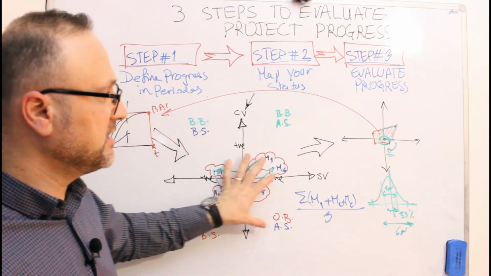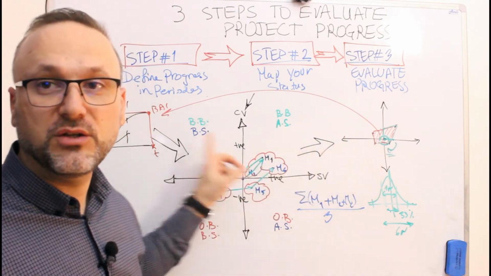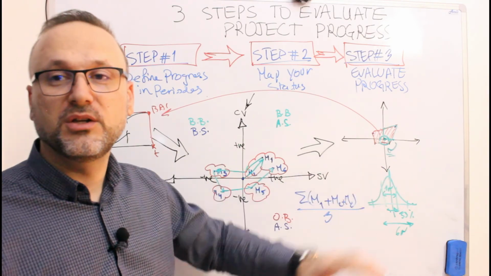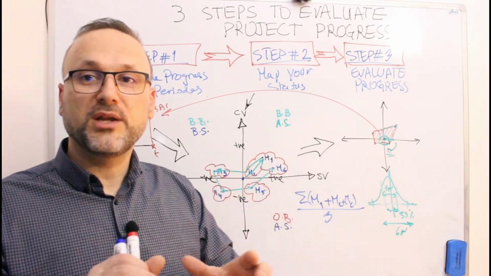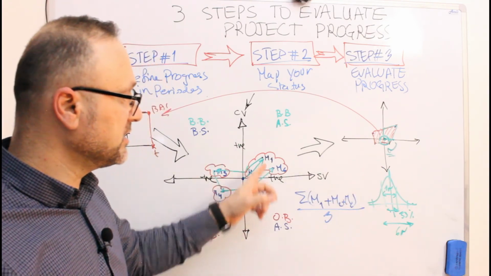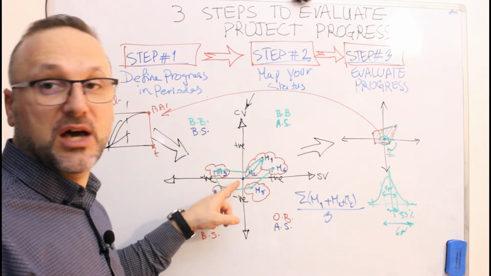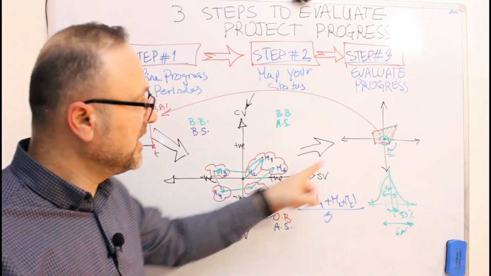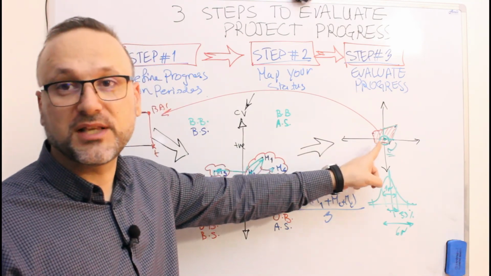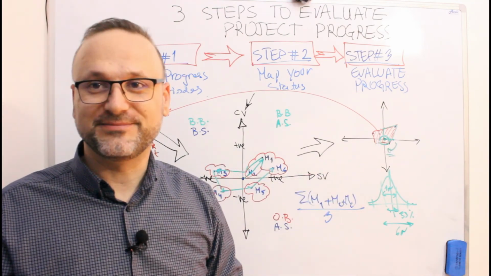First graph, second graph, third graph, and you are ready to tell your management where you are, what your project behavior is, whether your actions are really working or not, and your final progress to complete the project.